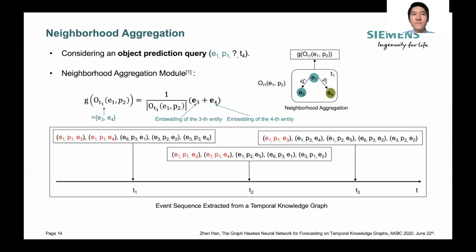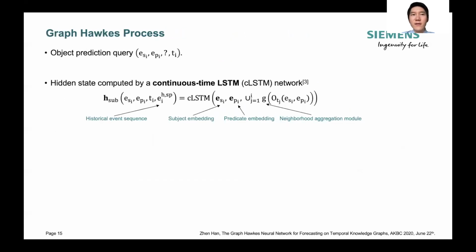Continuing with this query, the right figure shows that the subject entity E1 forms 2 links with other object entities at the timestamp T1. To summarize these concurrent events, we introduce a neighborhood aggregation module that computes the mean of the object embeddings, where the big O represents the set of entity 3 and entity 4. Then we define an intensity function to characterize the graph Hawkes process. First, we feed the historical event sequence into the neighborhood aggregation module, and then feed the results into a continuous time LSTM.